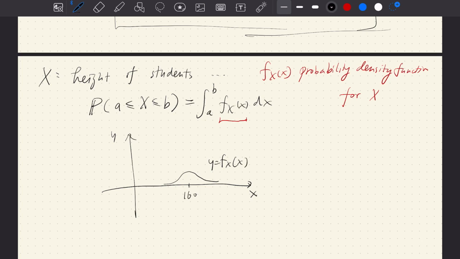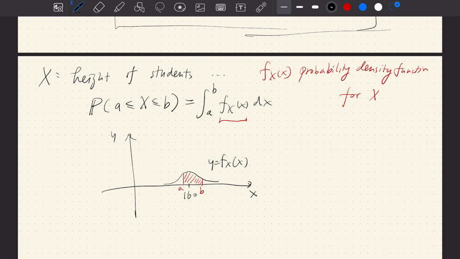Once you have this probability density function, and suppose I want to know the probability of a student's height between a and b, I can just compute the definite integral from a to b of this function.